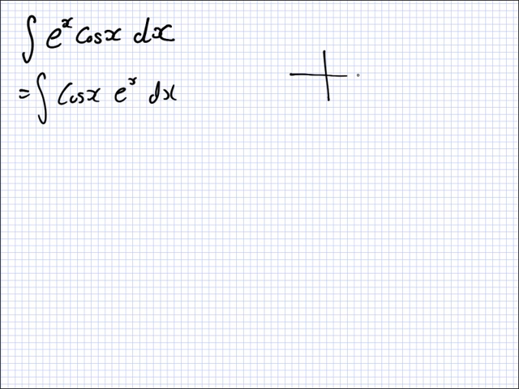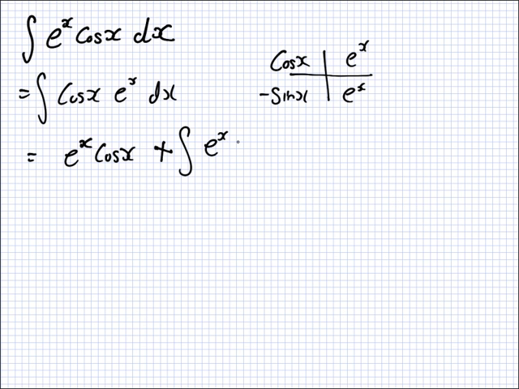Now, if you use the rule here, f is cos x, minus sine x, e^x. So the answer is e^x cos x, plus, because two minuses, e^x sine x, dx.